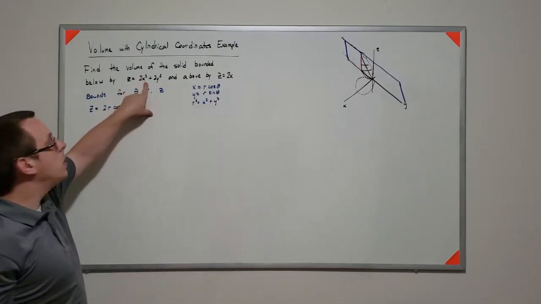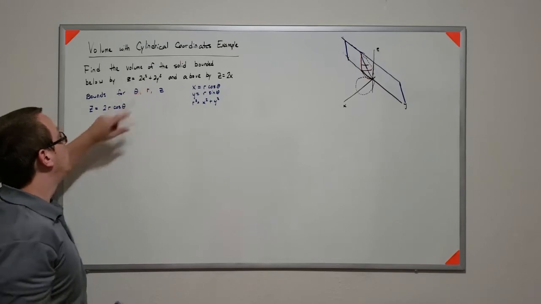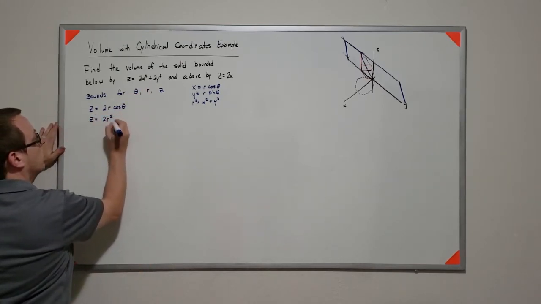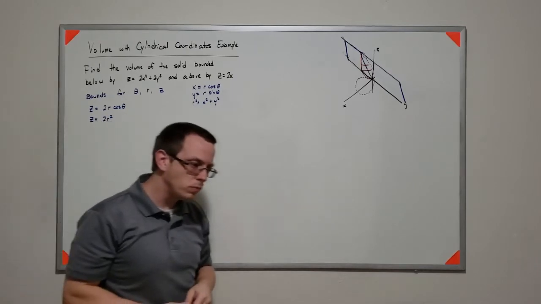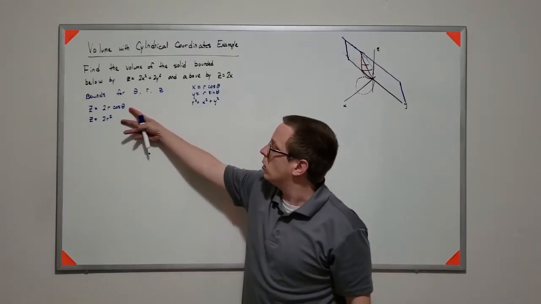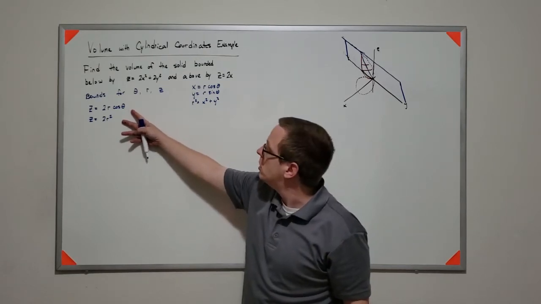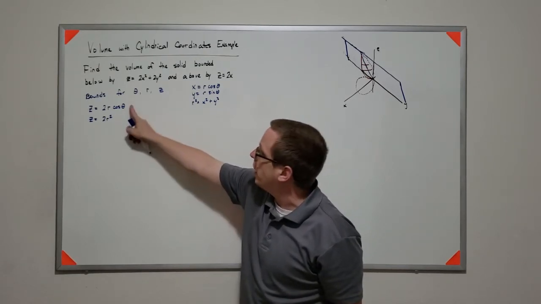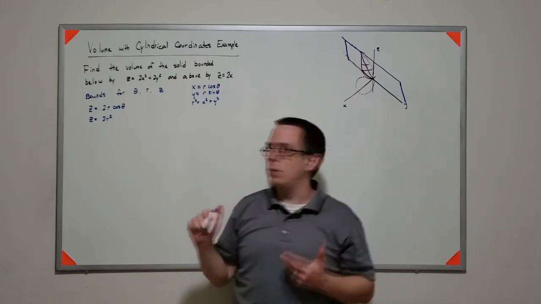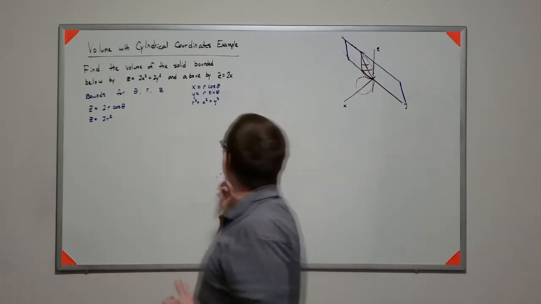So if you look up here, if I factor out a 2, what I also find is z is 2r squared. These are our lower and upper bounds, and that's the way we set up our integral in z.